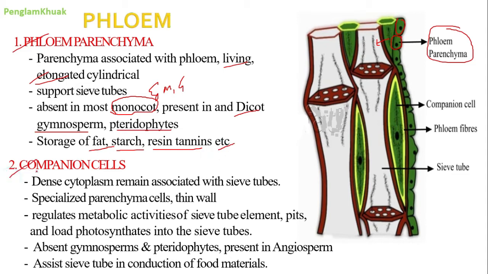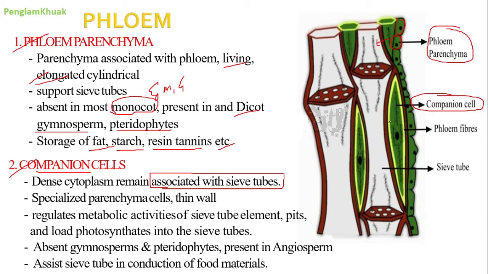And the second one, companion cells. Companion cells are also living cells. They have dense cytoplasm. This portion is very dense, with thick cytoplasm, and they will be associated with the sieve tube.